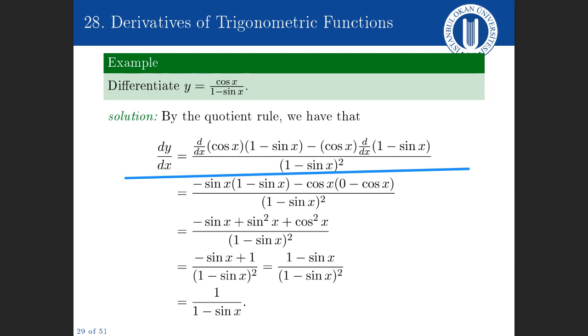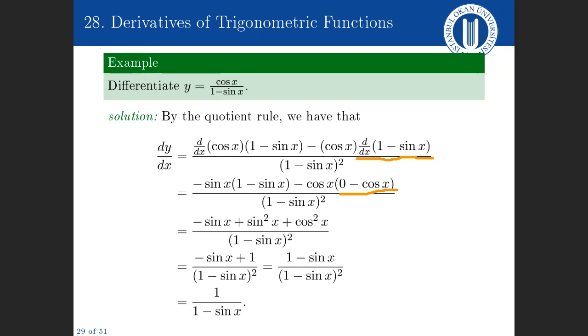That's derivative of cos x multiplied by 1 minus sine x minus, and then cos x, derivative of 1 minus sine x, all divided by 1 minus sine x squared. Derivative of cos x is minus sine x, and the derivative of 1 minus sine x is 0 minus cos x.